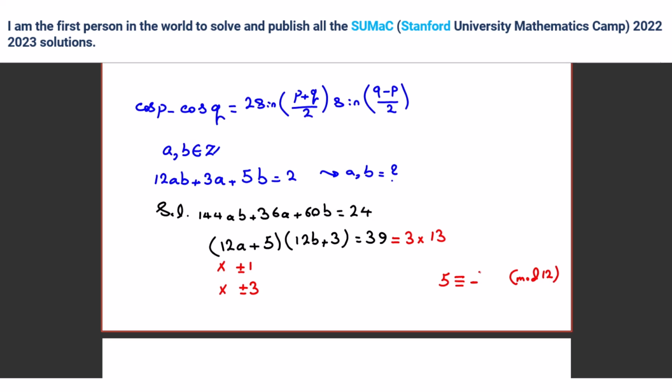So plus minus 3 doesn't work. Plus minus 13 also doesn't work, and plus minus 39. Because plus minus 13 is plus minus 1 mod 12, and this one plus minus 3.